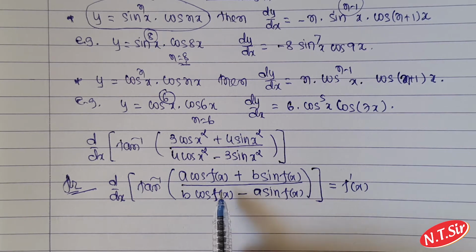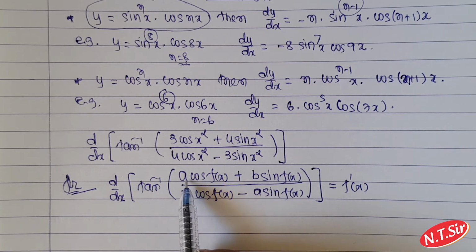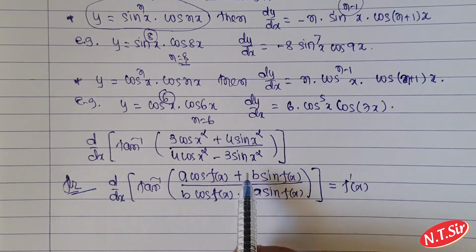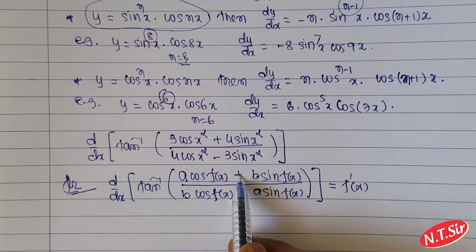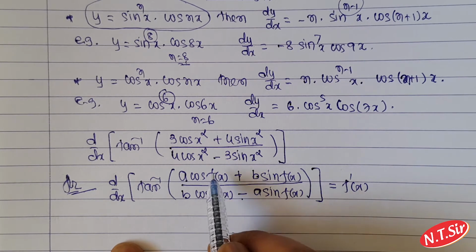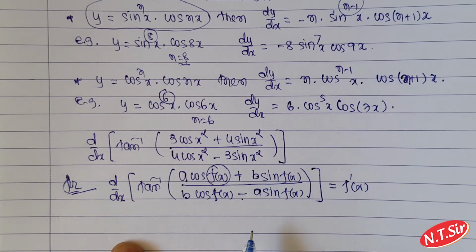That means a function of the type a cos f(x) + b sin f(x), cos and sine with any coefficients a and b, and then the coefficient is changed and the sign is changed. In this type of function, the answer is f'(x), that is the derivative of f(x).